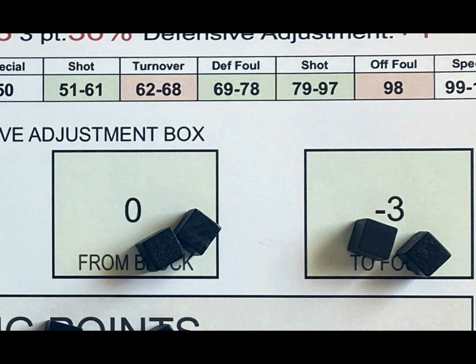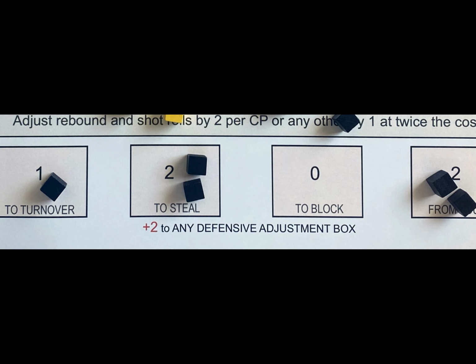For block and foul, you can never add cubes to those boxes after this initial setup. Looking down at the steal for defense for Baylor, let's say you had 2 cubes there and you used 1 during the game. Later on, when you call a timeout, you can move 1 from your coaching points down to your adjustment box in the steal, as long as the most you have in it is 2 after this initial setup.